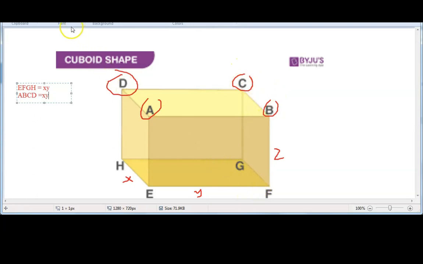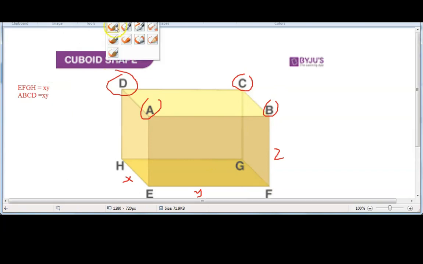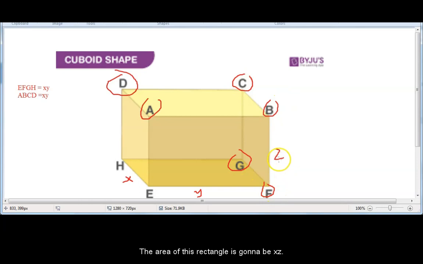BCFG. This is F over here, and this is G over here. BCFG. The area of this rectangle is going to be XZ, and it is the same thing as ADEH.